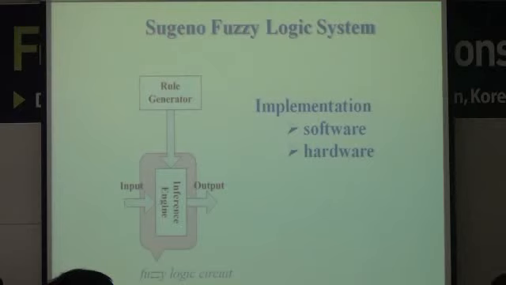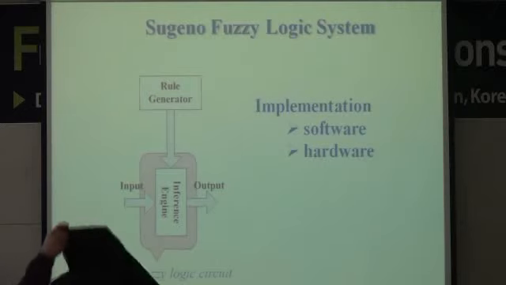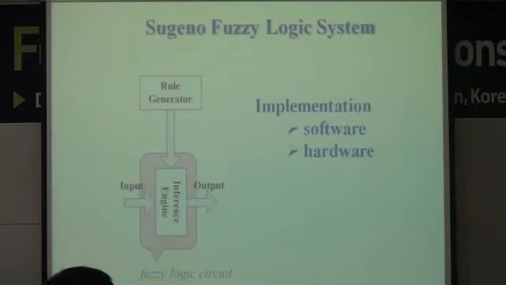Then today we have two main kinds of implementation, because the most intelligent machine we have today is the computer. A very common implementation is by software.